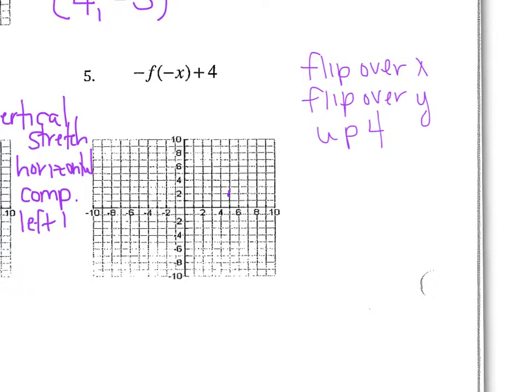My next point, (-2, -4), flip it over the x, so it becomes (-2, 4), flip it over the y, so it becomes (2, 4), move it up 4, becomes (2, 8). (0, 0), flip it over the x and the y, nothing happens, move it up 4, (0, 4). (4, -5), flip it over the x, becomes (4, 5), flip it over the y, becomes (-4, 5), move it up 4, (-4, 9).